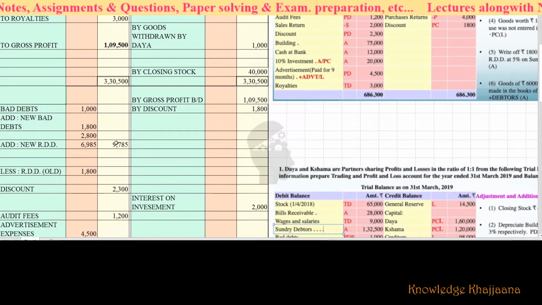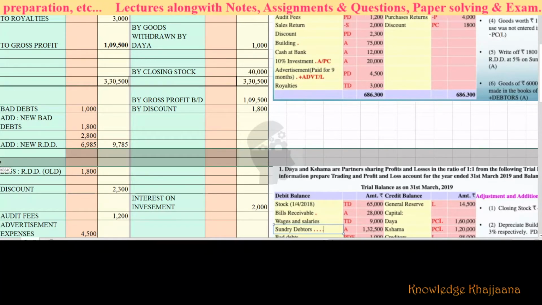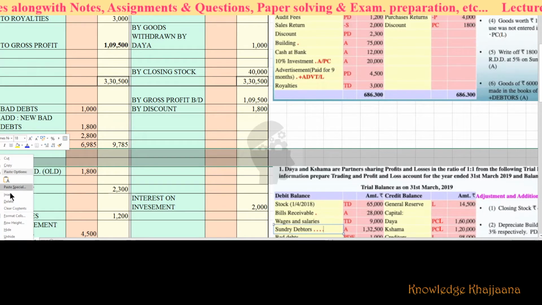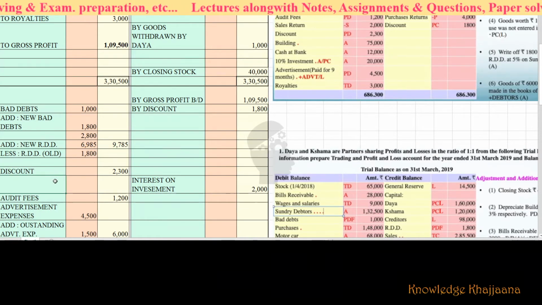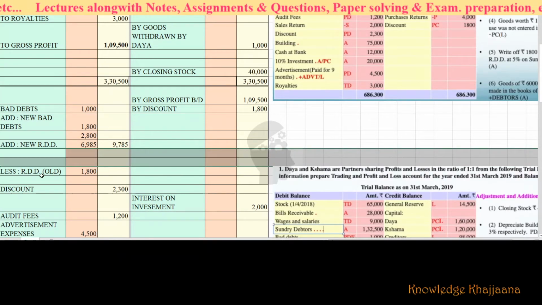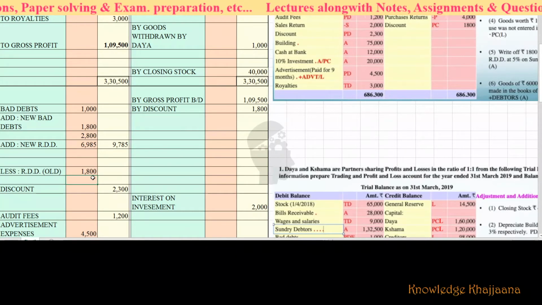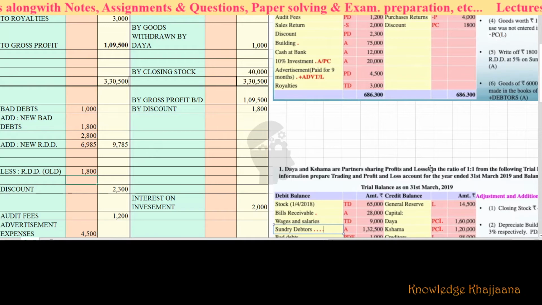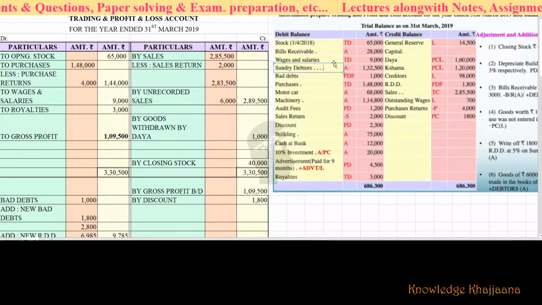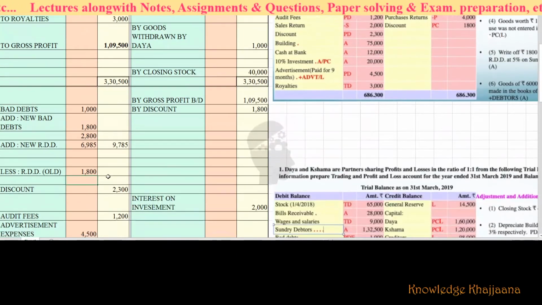Bad debts, add new bad debts, add new RDD, less old RDD. Old RDD was 1,800.